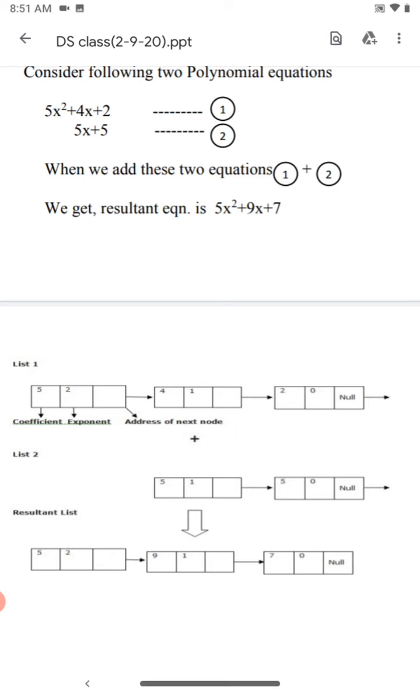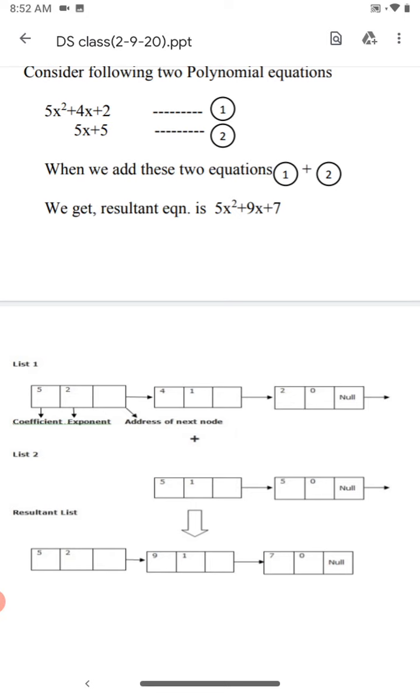Then plus 9x, because 4x plus 5x have the same exponent, so we can add them to get 9x. The coefficient is 9, x power 1, so the exponent is 1.